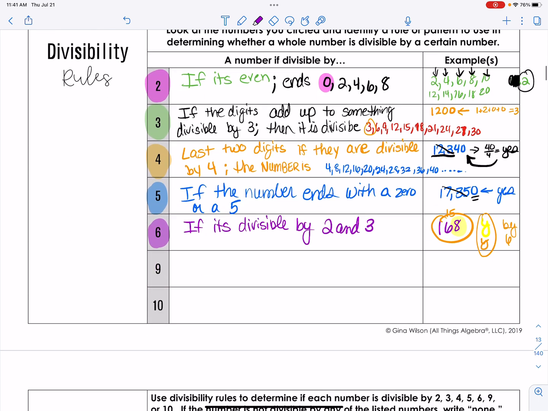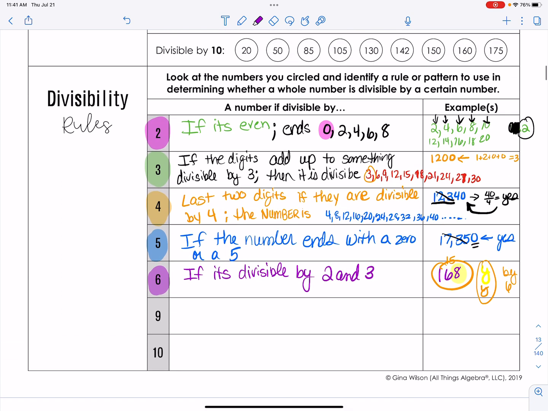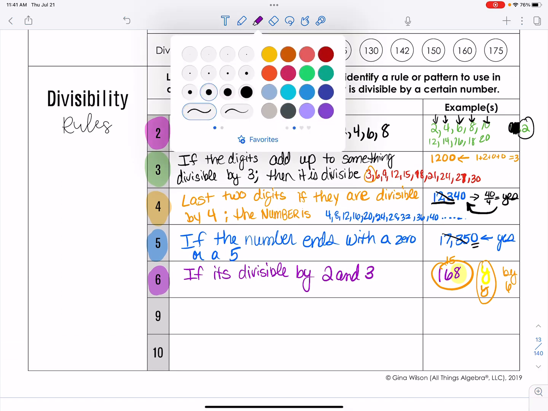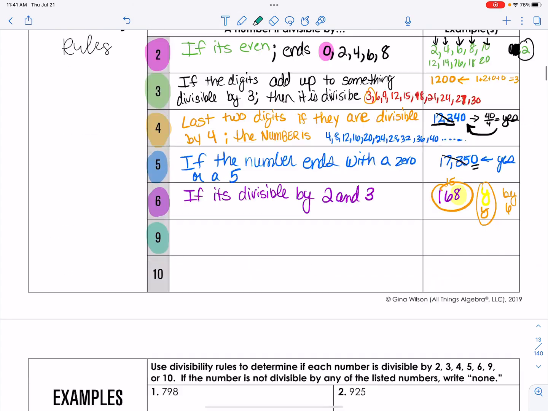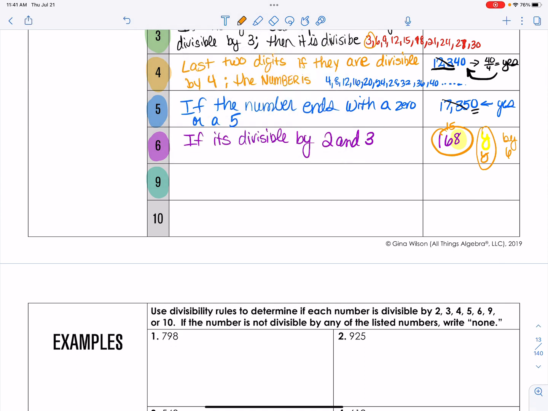Okay. All right. So let's take a look at number 9. On number 9, the rule is actually quite simple. The rule for 9 is just like 3.